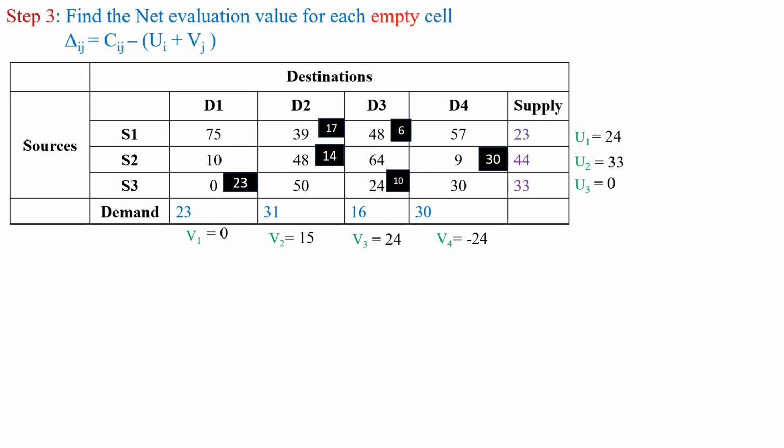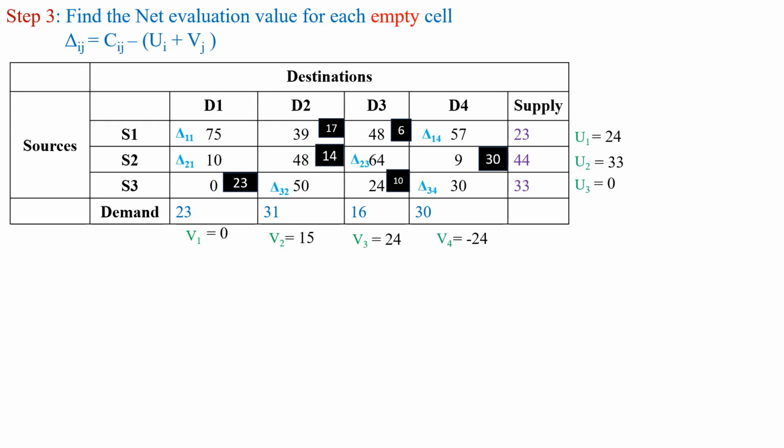Next step is to find the net evaluation value for each empty cell. That net evaluation value is delta ij equals Cij minus of Ui plus Vj. So here the empty cells are in the S1 row and D1 column, so the delta value is delta 11.